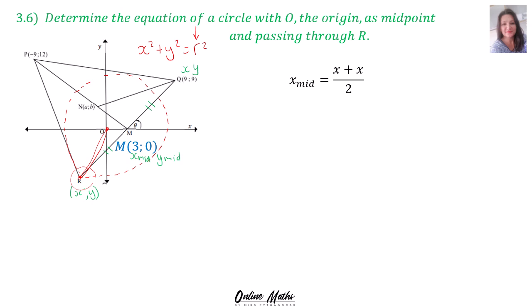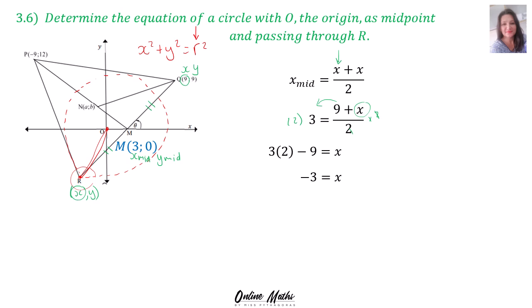So we can substitute those points in. Have a look. X of the mid is 3 equals, and then this x is number 9, plus this x is what we are looking for. It's this one at R. And then solve this little equation of yours, times 2, we end with 6 equals, and then this 9 walks across, it becomes negative 9. 6 minus 9 is x is negative 3.